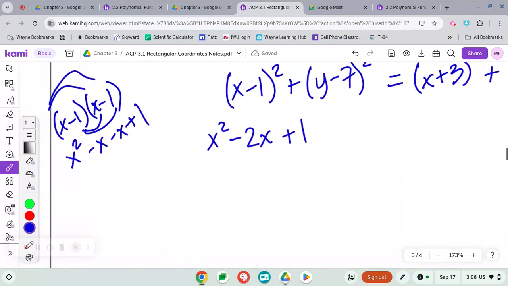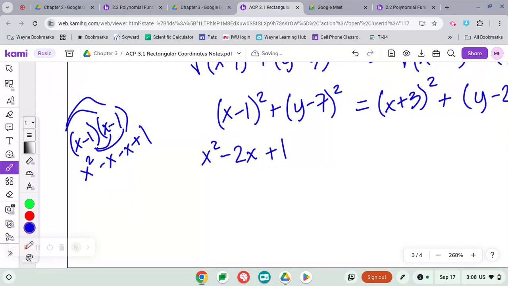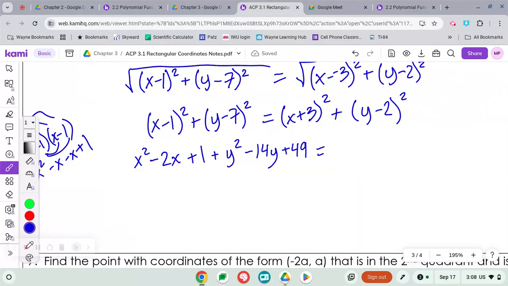Another shortcut, anytime you have a binomial squared, you can take the first part squared and the second part squared, and then in the middle you multiply them together and then times it by 2. That's how we get that negative 2x. So to follow that, this one will be y squared, then times it together, times by 2 would be minus 14y plus 49. That's on the left side, equals, same thing, x squared plus 6x plus 9.